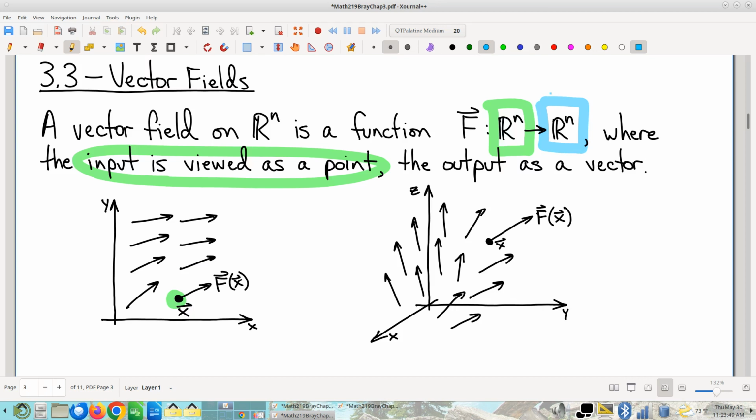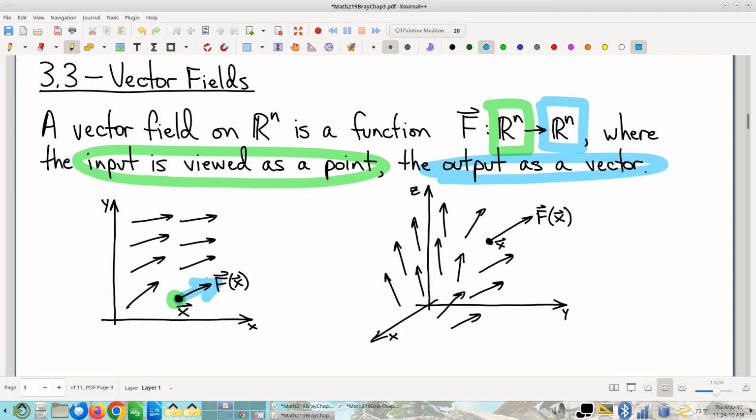We're not going to draw the graph. We're not going to try to emulate something like a parameterization or anything like that. When you're talking about a vector field, you view the output as being a vector in that same Rn that your input point came from.